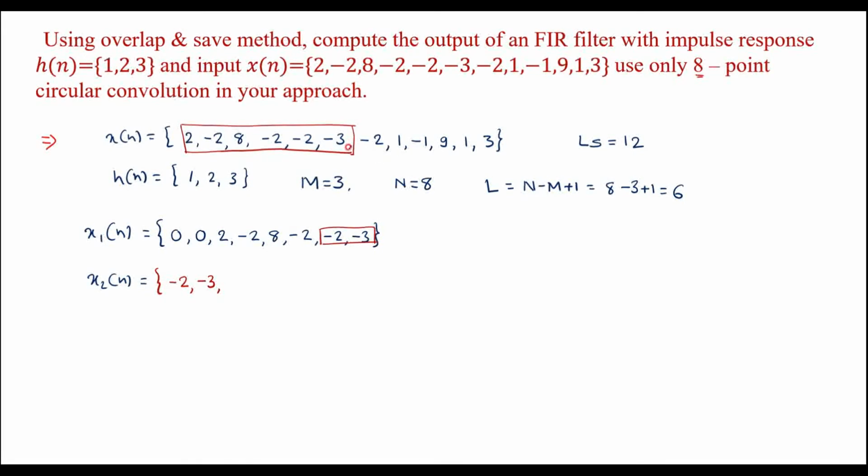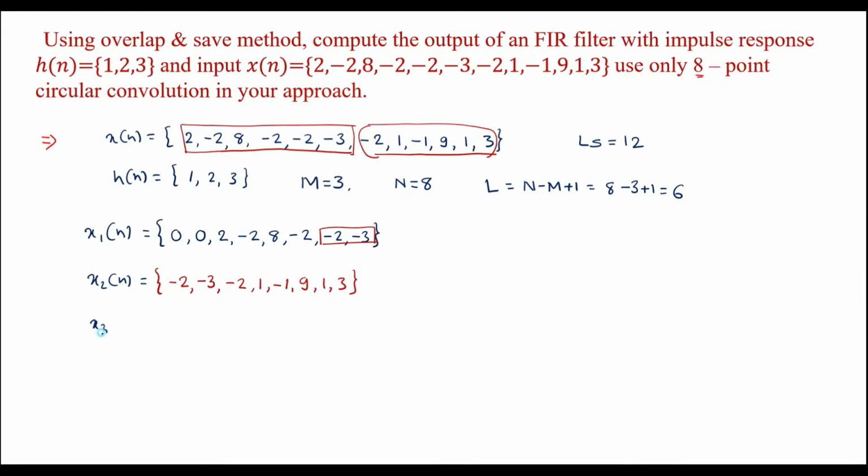In the previous block we have considered till this value, so the next 6 values are -2, 1, -1, 9, 1, 3. So now we have to consider these 6 numbers.